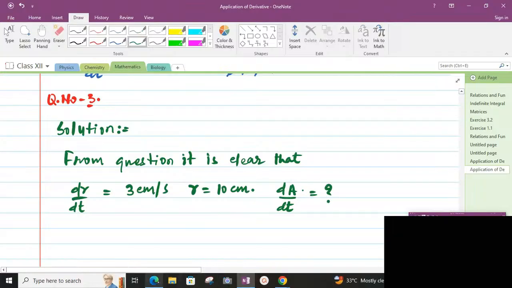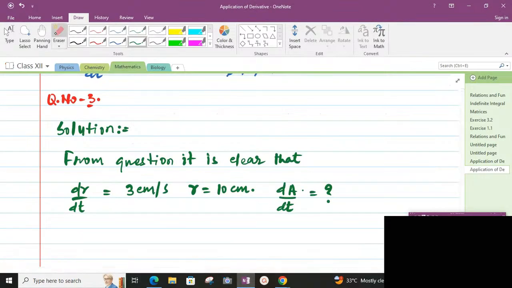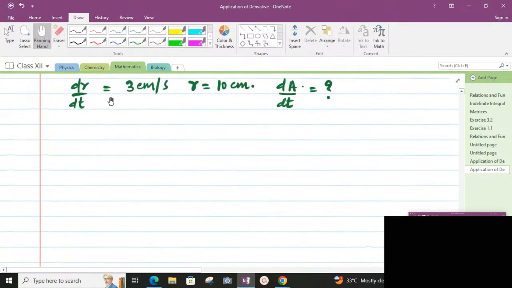So we know that A equals pi r². Now take the derivative of both sides with respect to t.